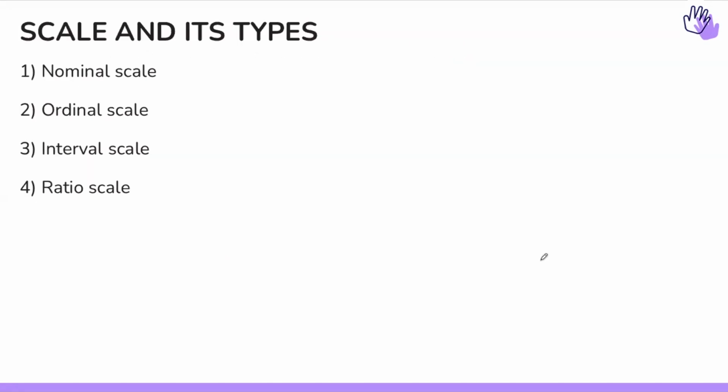Okay, now let us study the scale and its types. Basically there are four types of scales which are used in measurement. These are the nominal scale, the ordinal scale, the interval scale, and the ratio scale. So let us start with the nominal scale.